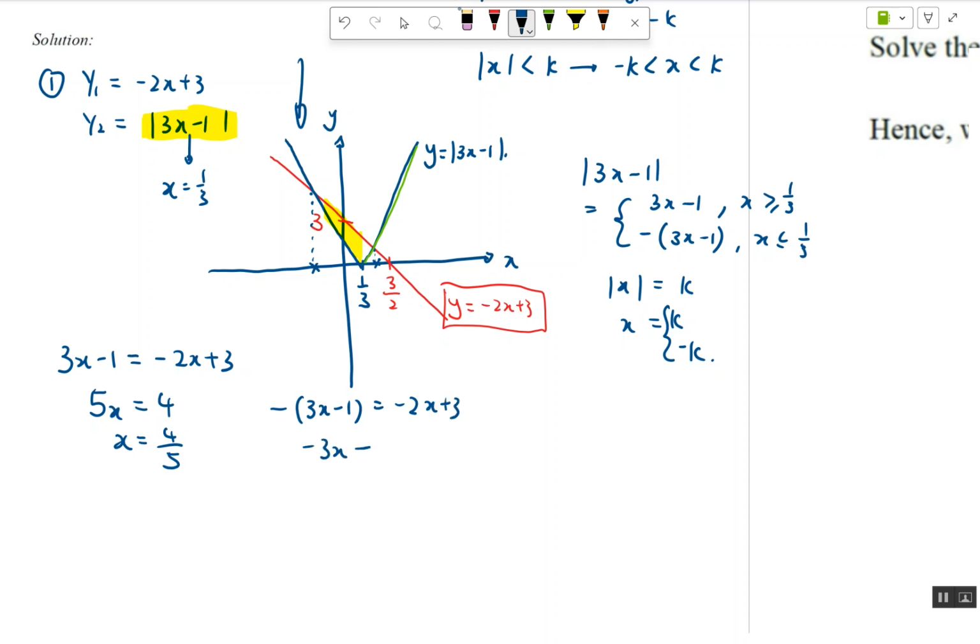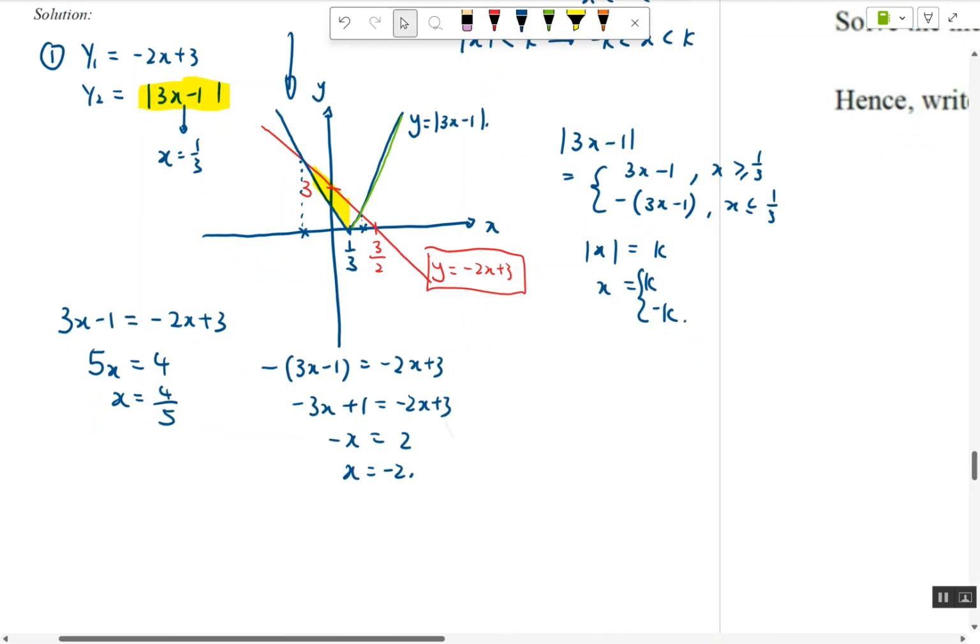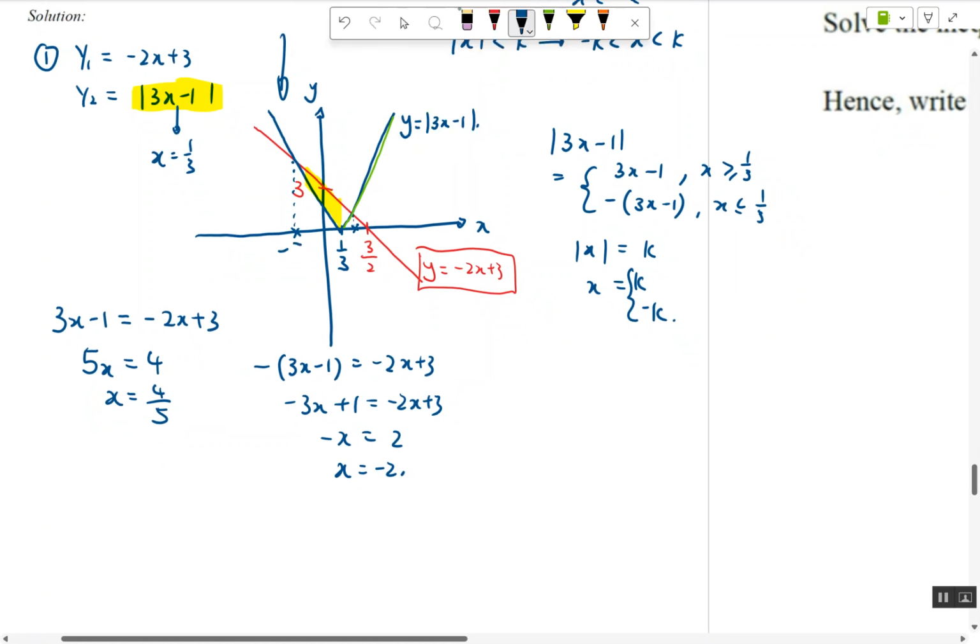Opening up, negative 3x plus 1 equals negative 2x plus 3. Negative x equals 2, x equals negative 2. So the important points of intersection are negative 2 as well as 4 over 5. Therefore, my final answer is x is in between negative 2 to 4 over 5.